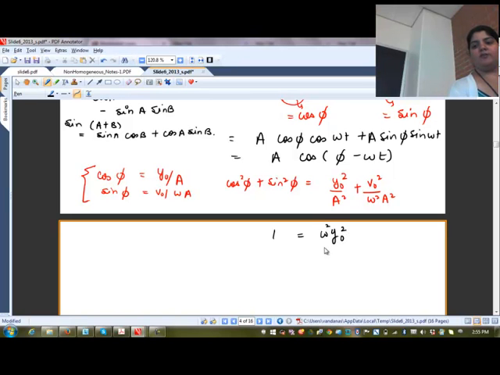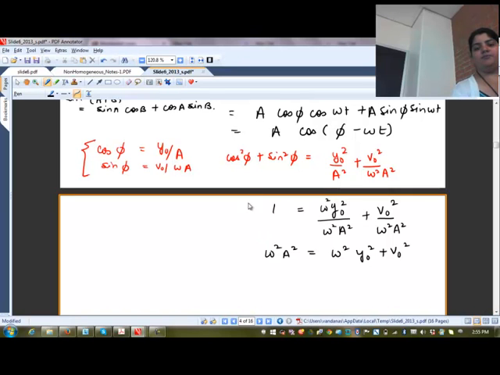omega square y square, just making a common denominator, and then omega square A square is omega square y naught square plus v naught square.